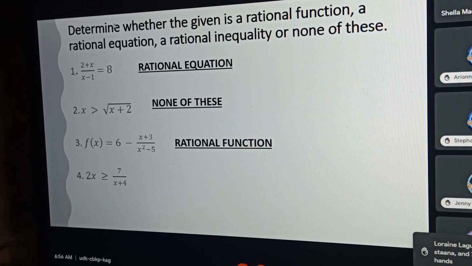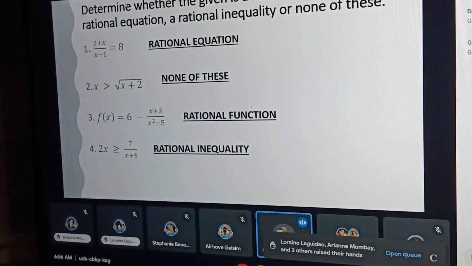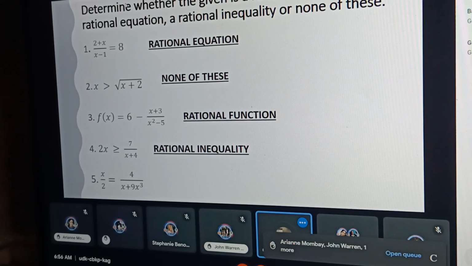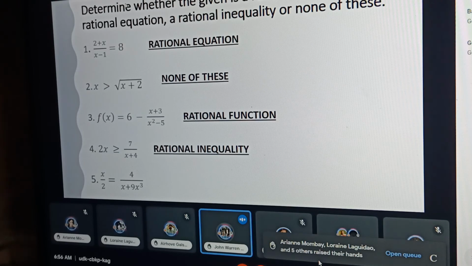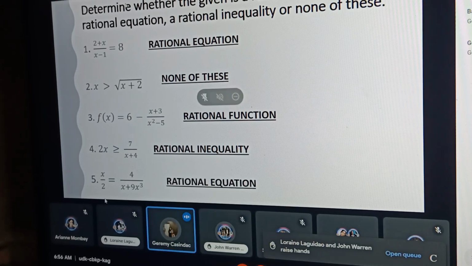Benosa? Rational inequality po. That's correct, this is a rational inequality. How about this one? x over 2 is equal to 4 all over x plus 9x cubed. Rational equation po. That's correct, this is a rational equation.